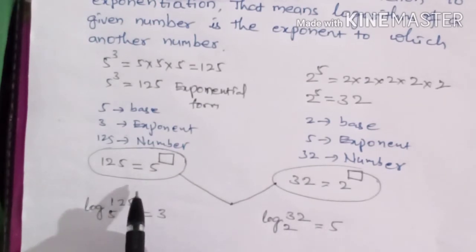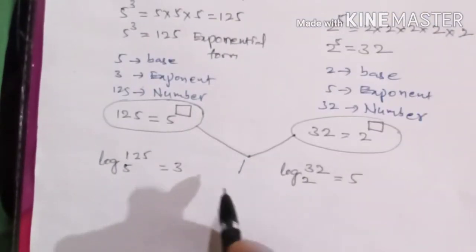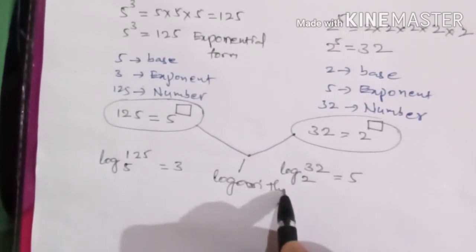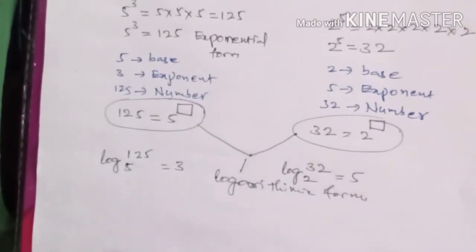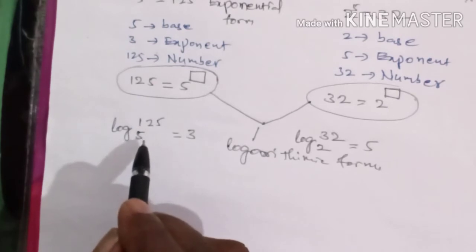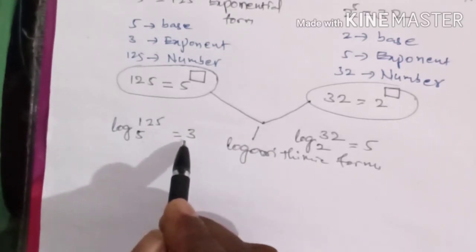So these two are the logarithmic form. We can read this as log 125 to the base 5 is equal to 3.